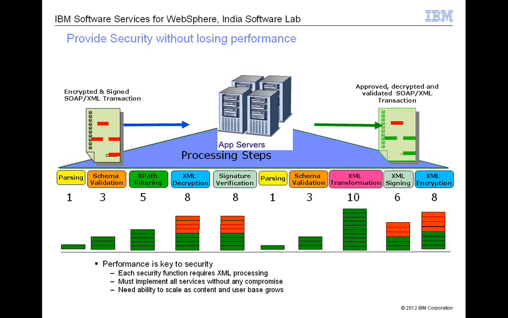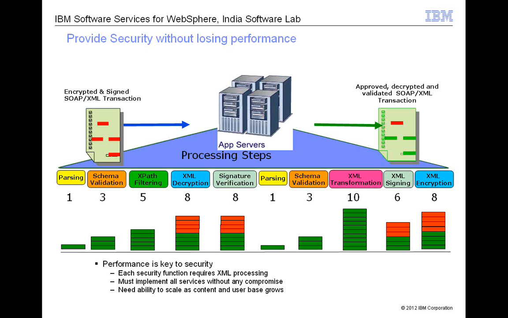And if you see, XML transformation is really a very, very heavy and expensive operation. Also, when you start looking at XML encryption and decryption, or signature verification, if you want to ensure that your data running over the wire is not tampered, you can have a situation where you might want to digitally sign your information, which means that on the other end you have to verify the digital signature that arrives.